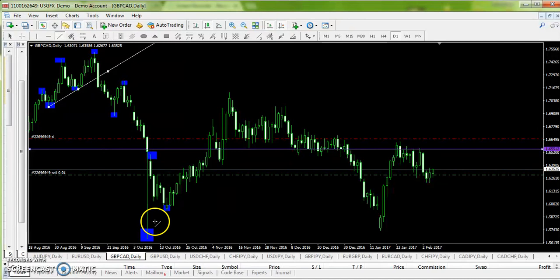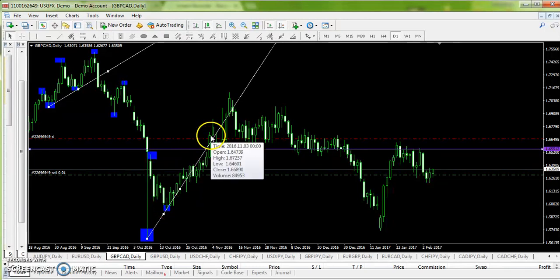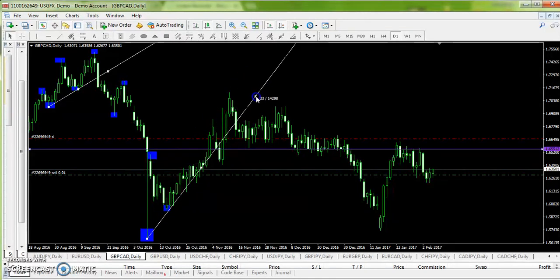So what I'm going to do is draw my trend line. This is the upward trend line for the sell order. But as I see the higher low, I would probably assume a buying order. So this was the previous swing high.